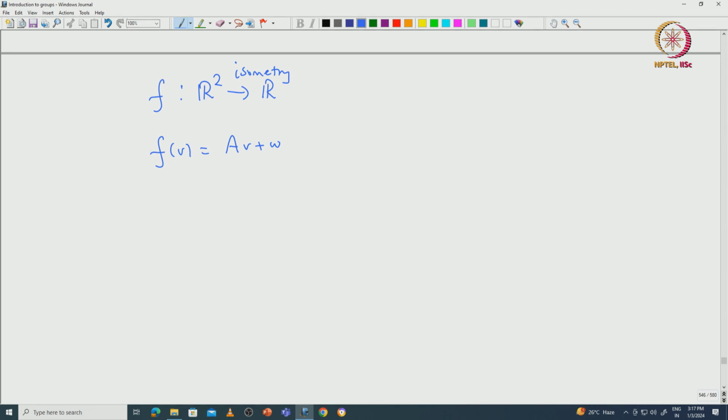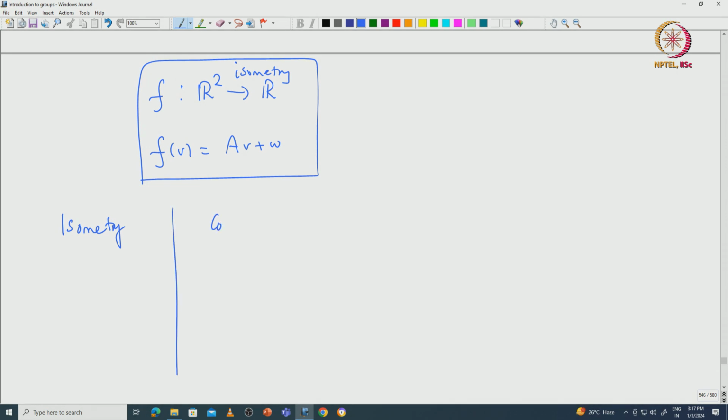Now, given this data, for various choices of A and W, we want to conclude what type of isometries we get. Okay. So, here is the list. Here is the isometry, and let us see what it corresponds to. Here is the condition.